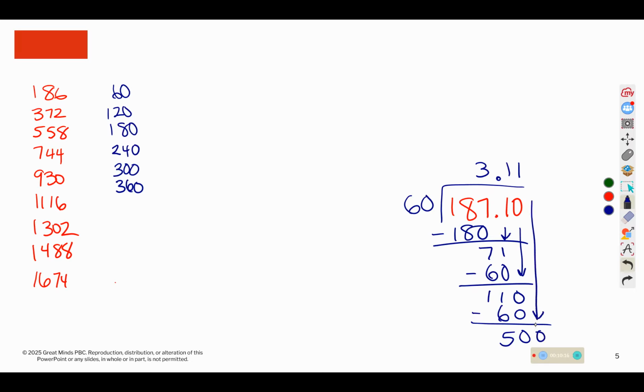Bring down another 0. That's 1, 2, 3, 4, 5, 6, 7, 8 times. And if we're rounding to the hundredths place, the 8 makes the 11 turn into a 12. So 3.12 minutes.